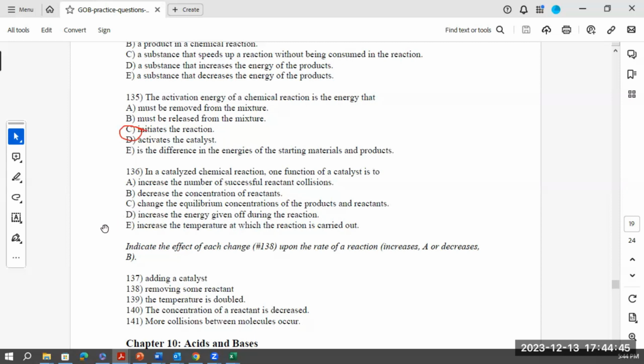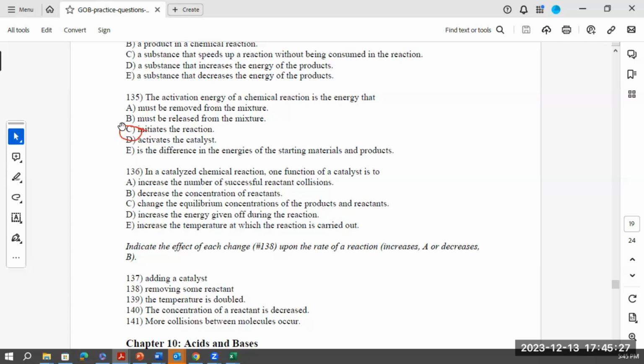In a catalyzed chemical reaction, one function of the catalyst is to decrease the concentration of the reaction. Maybe not so much. Did you say A or B or what? You said E. So increase the energy given off.